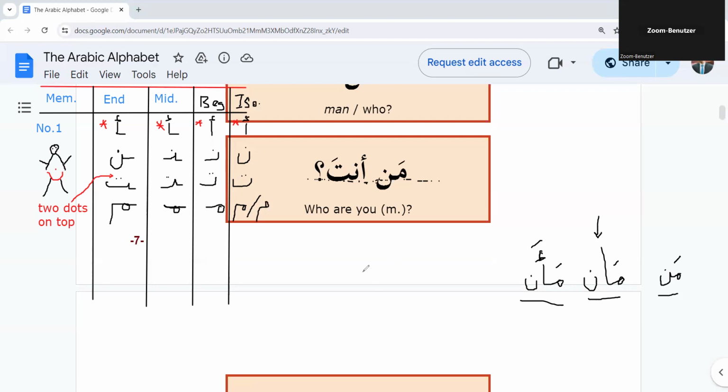I mentioned that the question mark is also mirrored. Is it mirrored in Arabic? Yes. What do you mean it's mirrored in Arabic? If you can see the question mark here, it's the mirrored image of it. Yes, this is what I'm talking about. In Arabic, we use it mirrored.